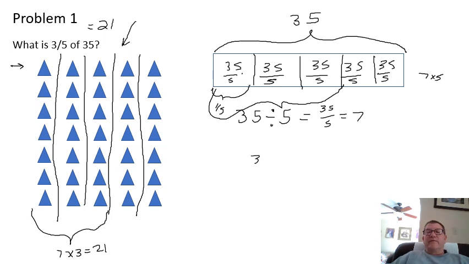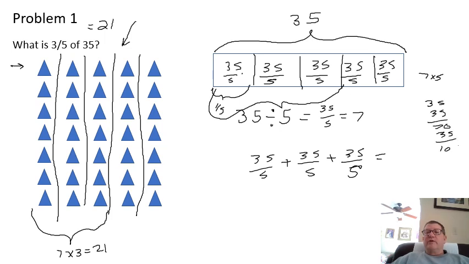So we'd have 35/5 plus 35/5 plus 35/5. Now I know previously we've been just adding them up, so we could do that because we know 35 and 35 is 70, and 35 more would be 105.